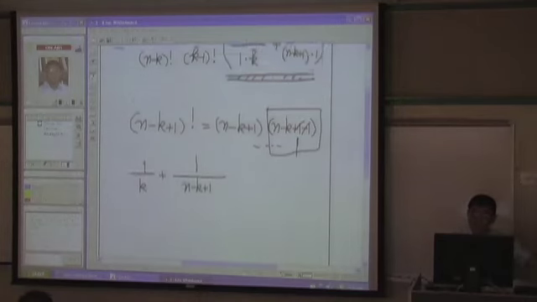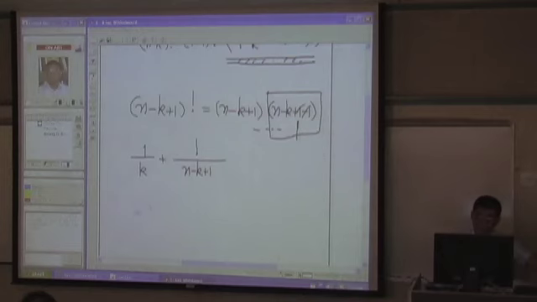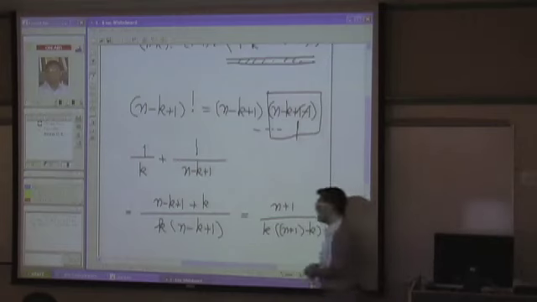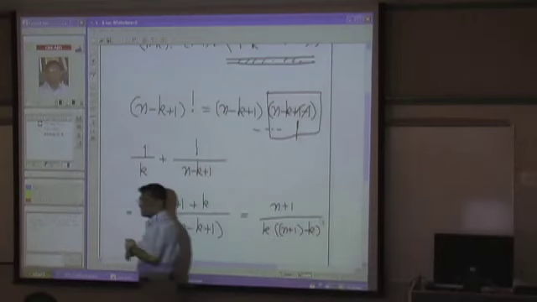Then we can use the common denominator, k multiplied by n minus k plus 1. Then it is n minus k plus 1, and then k. K and k are cancelled out, so n plus 1, and then k, and then n plus 1 minus k. So please check this calculation.